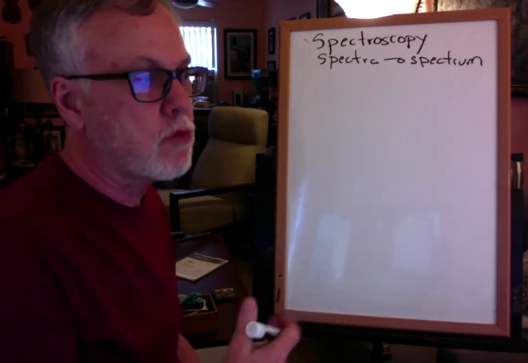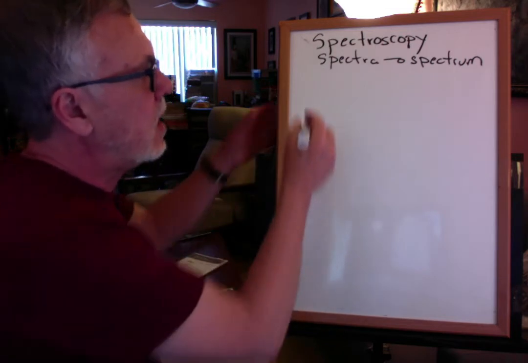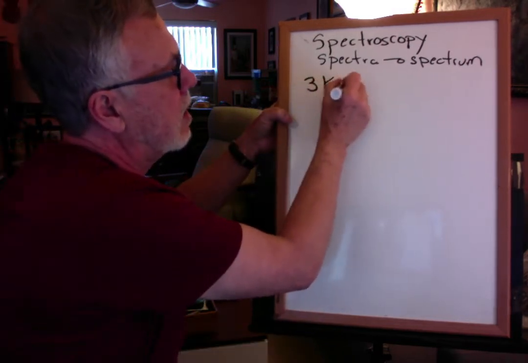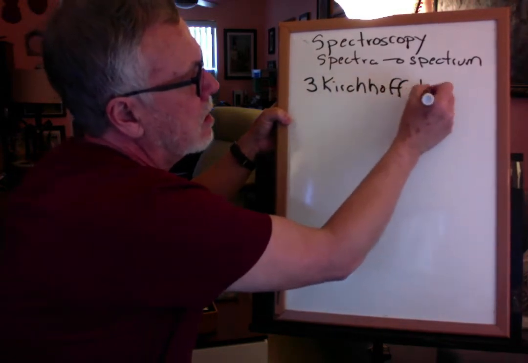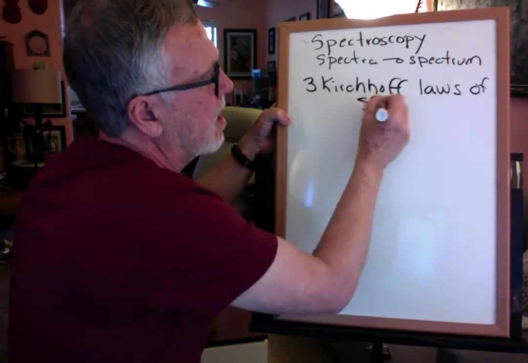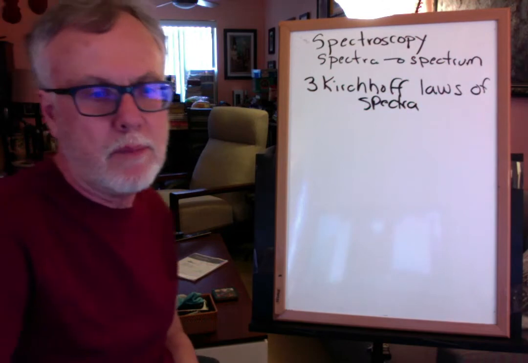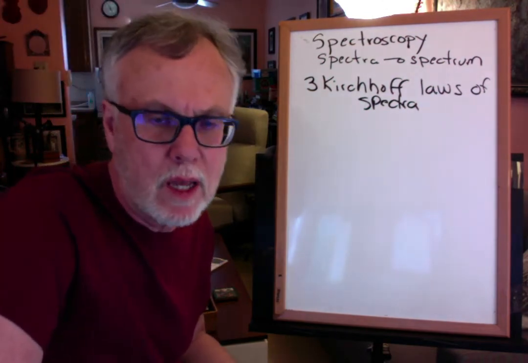And it turns out there's 3 different types of spectra. And what we say is these are the 3 Kirchhoff laws of spectra. And so what we're going to do in this bit of our lecture is go ahead and describe these 3 laws.